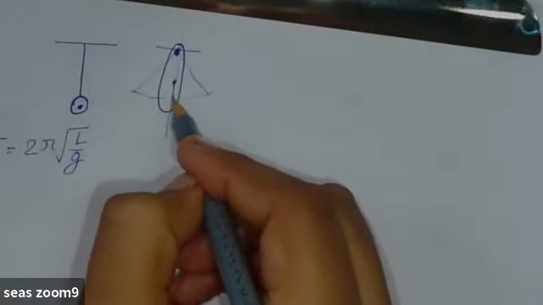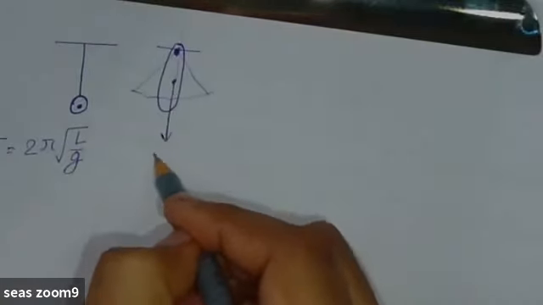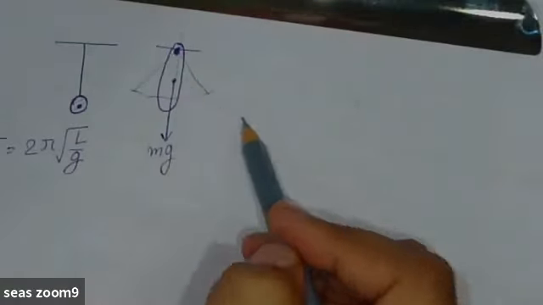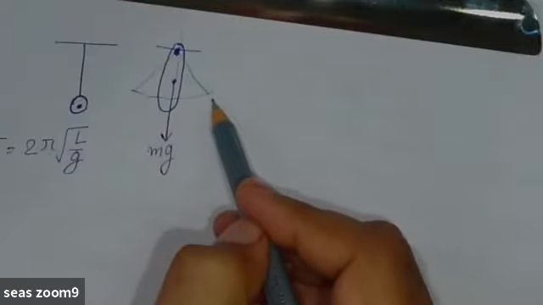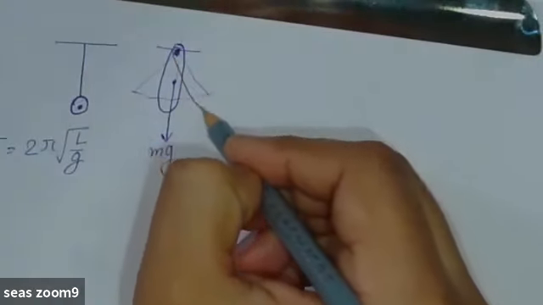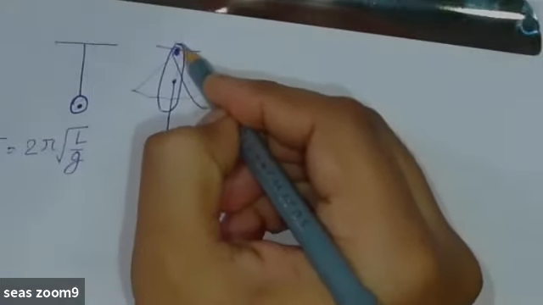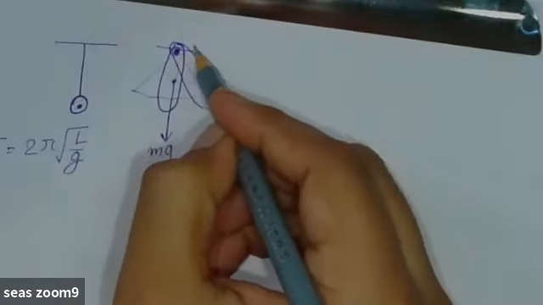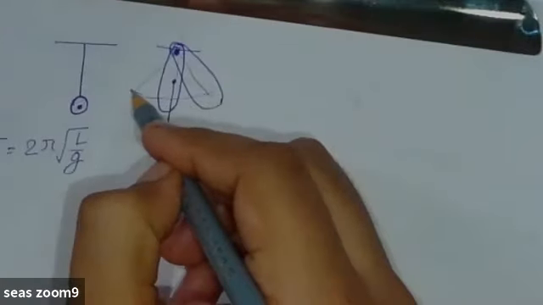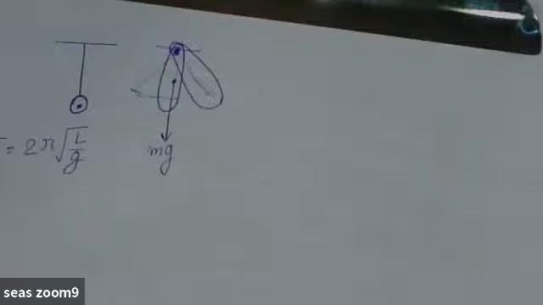Let's say it has the mass m, then its weight becomes mg. And if it is allowed to move from one end to another end, then the time period can be determined.